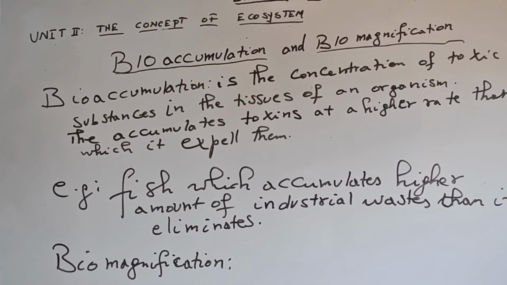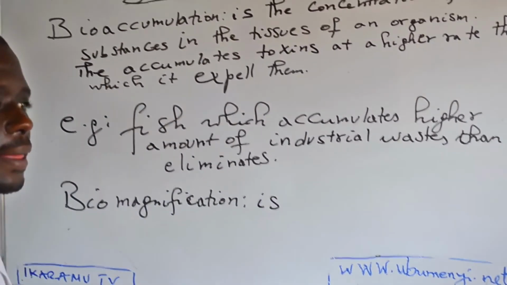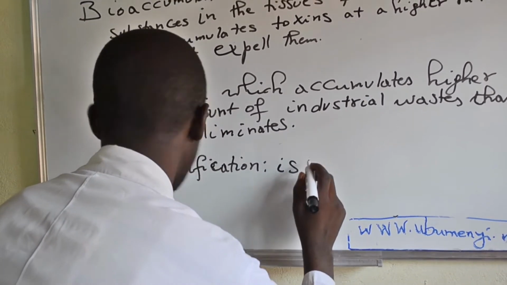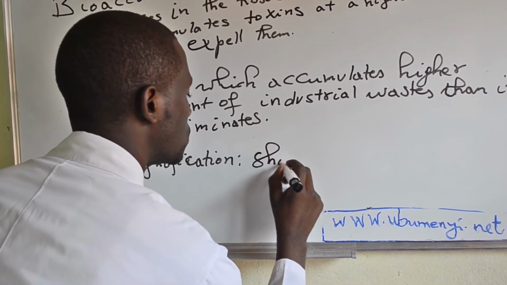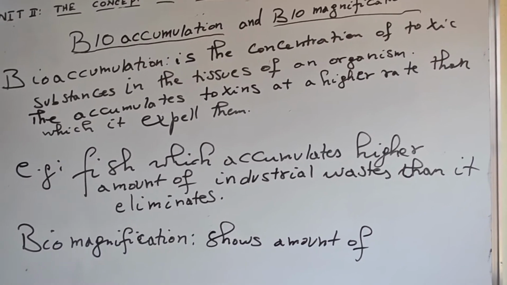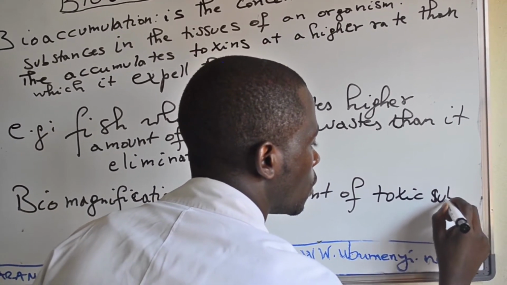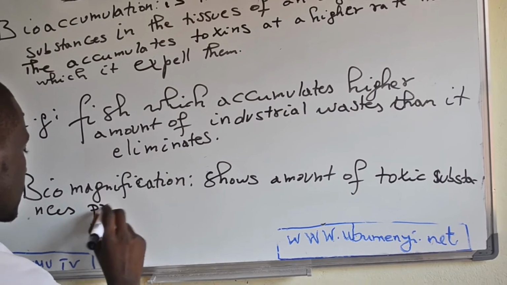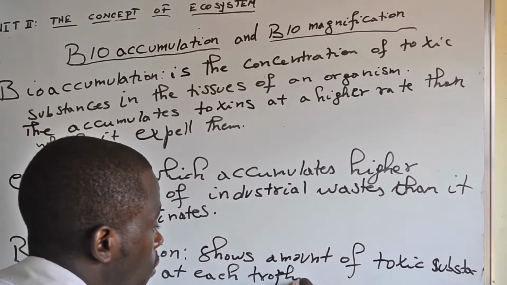Biomagnification is a representation, or it shows, the amount of toxic substances present at each trophic level.